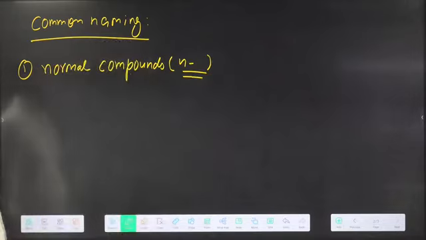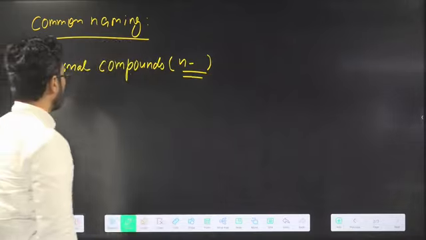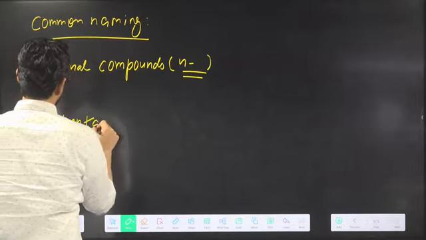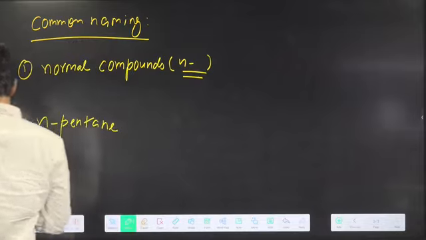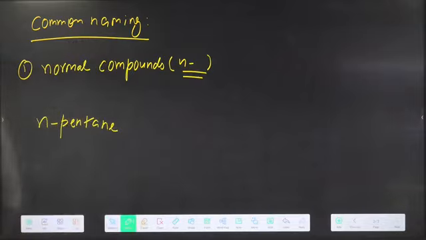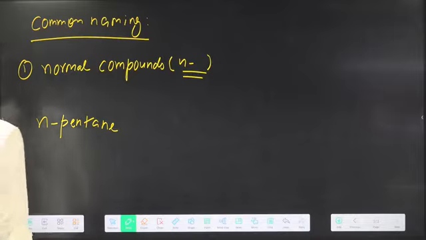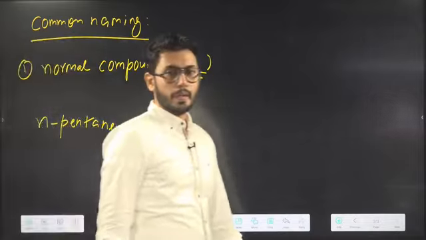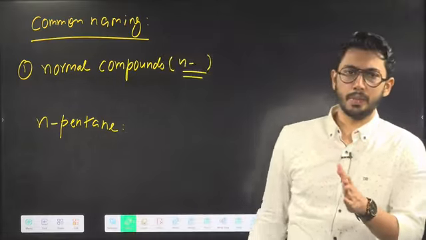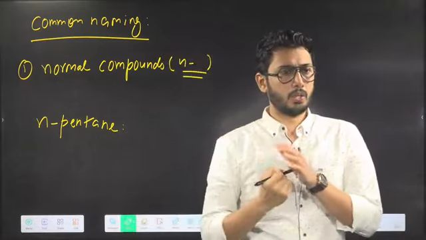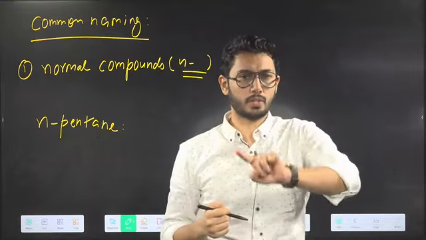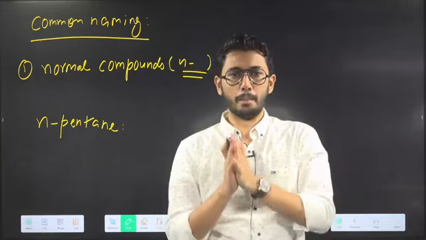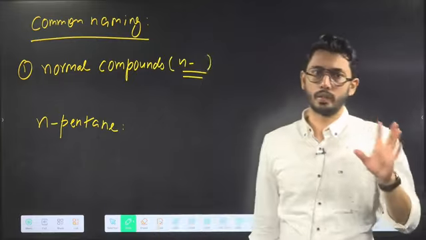Normal compounds are represented by N, like N-pentane. Now, N compound means normal, and normal structure means linear structure. Normal means linear structure, which contains primary carbon, secondary, but no tertiary, no quaternary carbon.